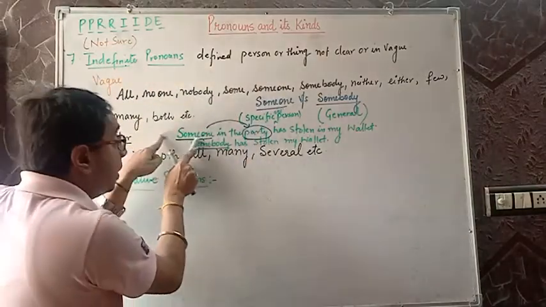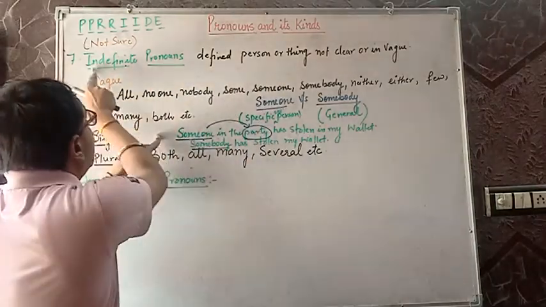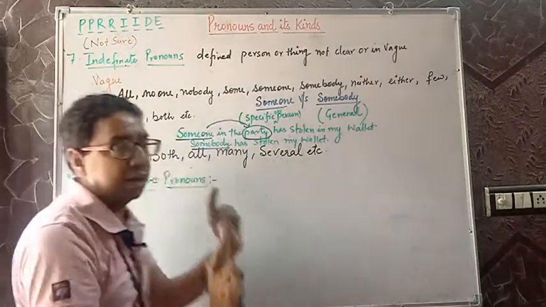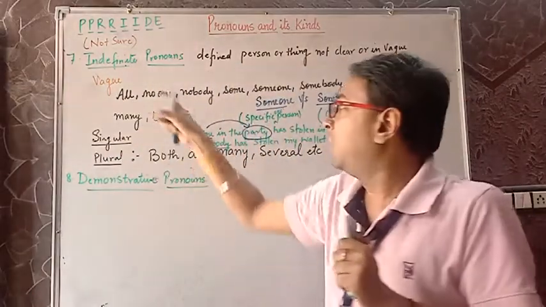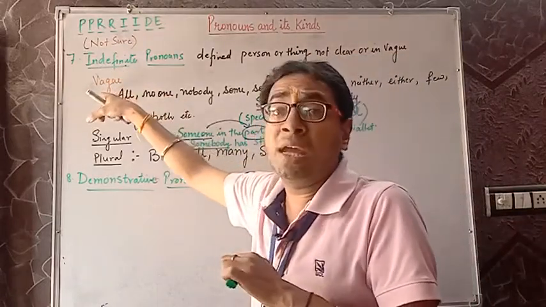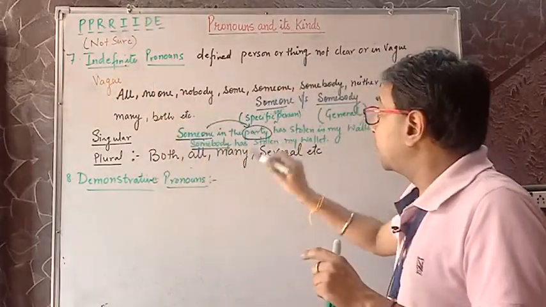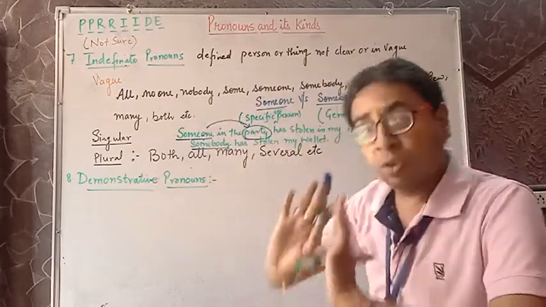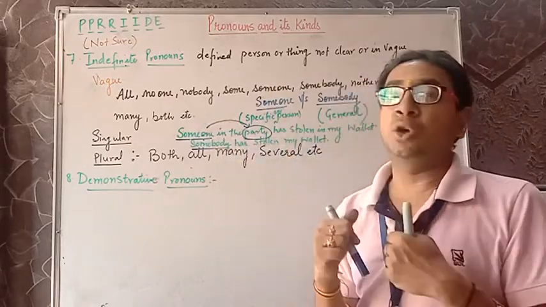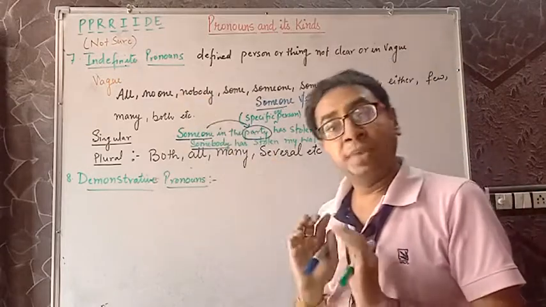But who did it specifically, we are not clear. That is why it is indefinite. Clear? So don't get confused, sir. You are saying specific one person, but indefinite you called vague. Again, it is sure that someone from the party has stolen, but who is that someone, we are not sure. So that's why indefinite.